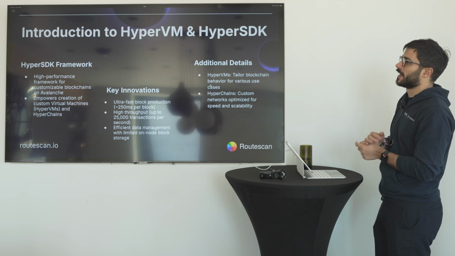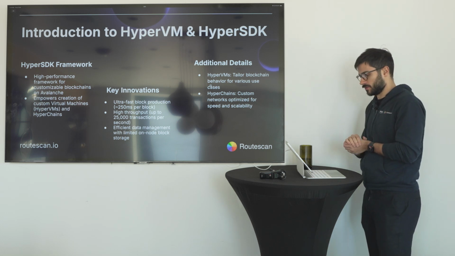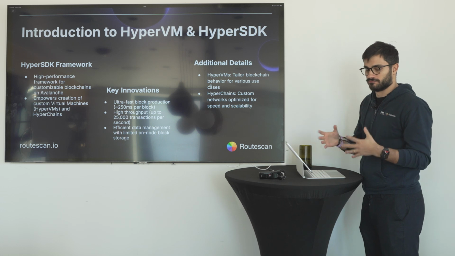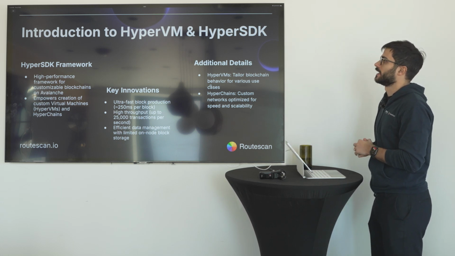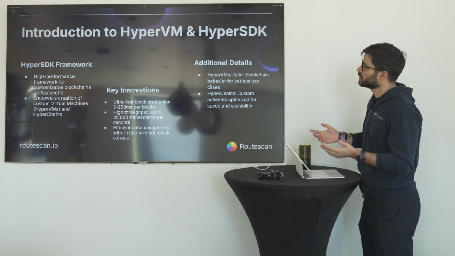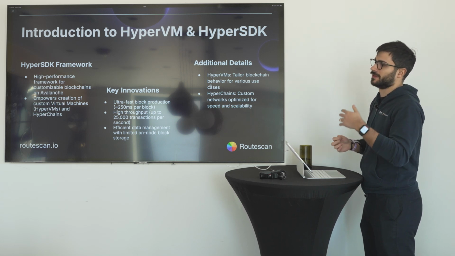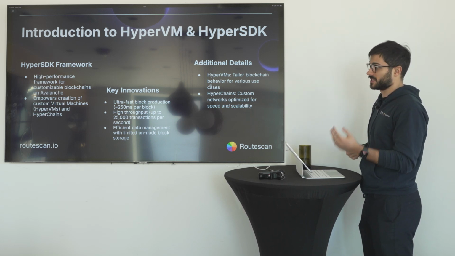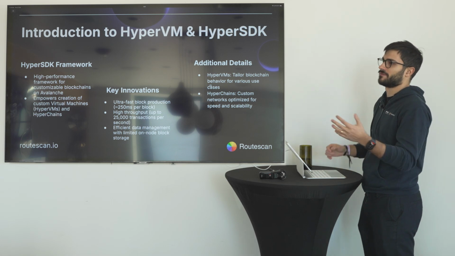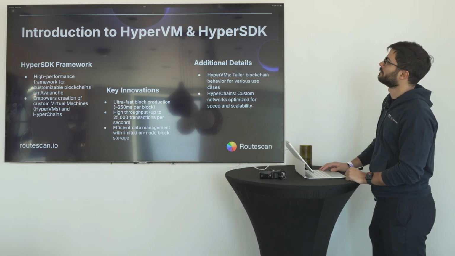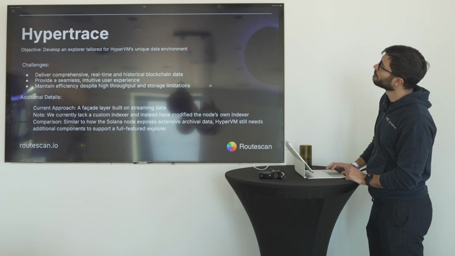We've also talked to some current Avalanche L1s, and they're thinking about deploying as a HyperVM, as a hyperchain, because it would be much more flexible and scalable for specific use cases like super high frequency trading, gaming, or others.